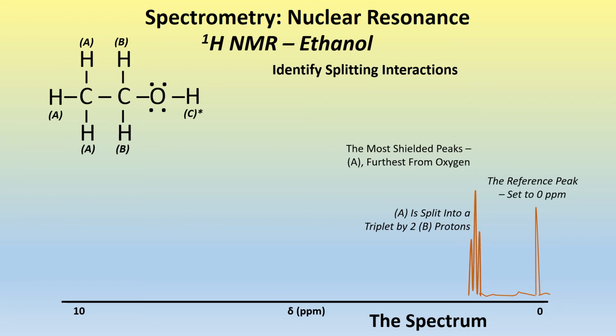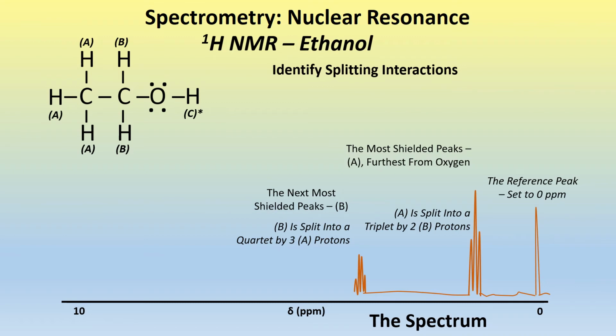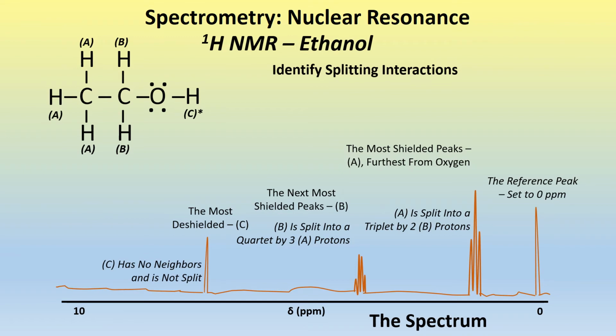Therefore, it will be split into a triplet by those 2 B protons. Next upfield, the next least shielded proton B is sitting next to a CH3 group with 3 A protons. Therefore, B is split into a quartet by the 3 A protons. The most deshielded proton C, again if it appears, has no neighbors, and therefore it is not split.